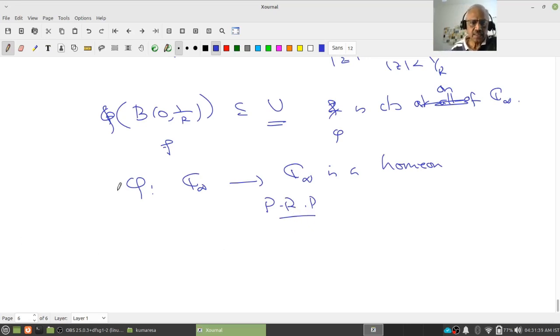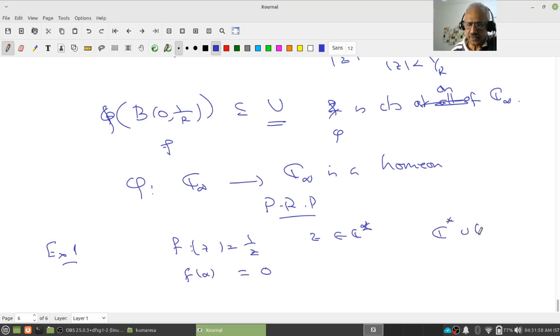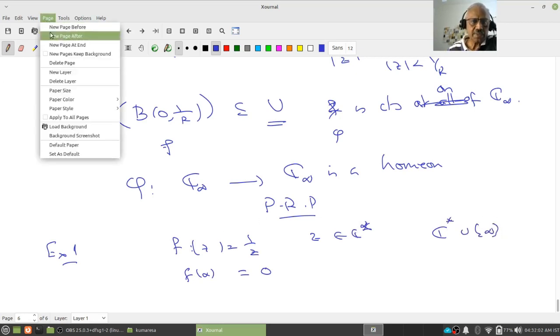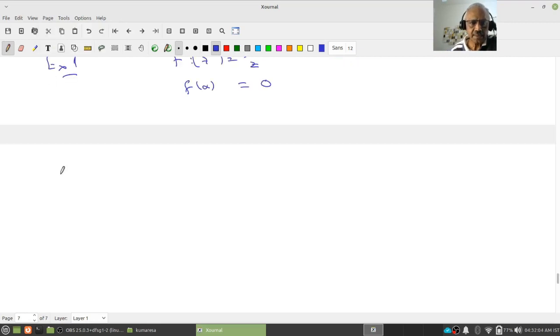Okay, now let's revisit examples. Example 1. So my function was f of z equal to 1 by z for z in C star and f of 0 equal to 0, f of infinity equal to 0. Therefore my open set was C star union infinity. Okay, I want to know whether f is continuous at infinity.